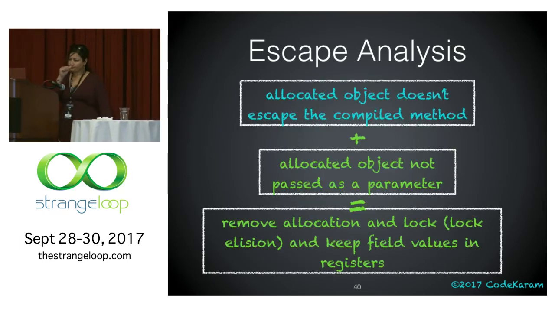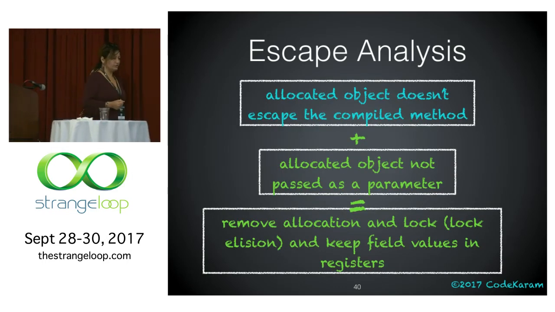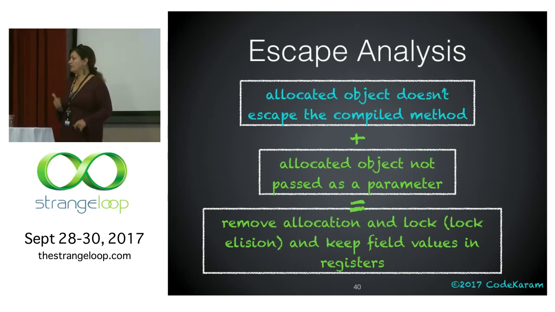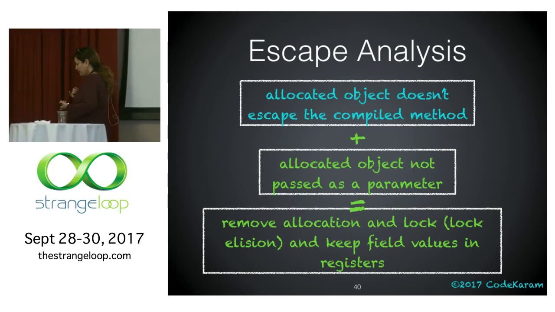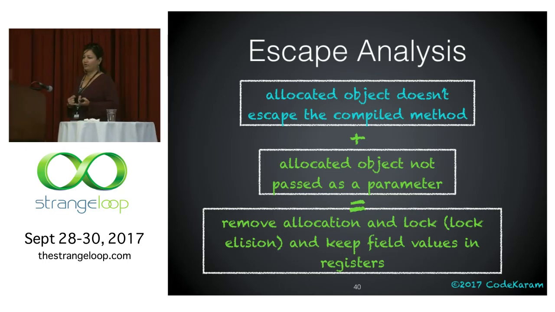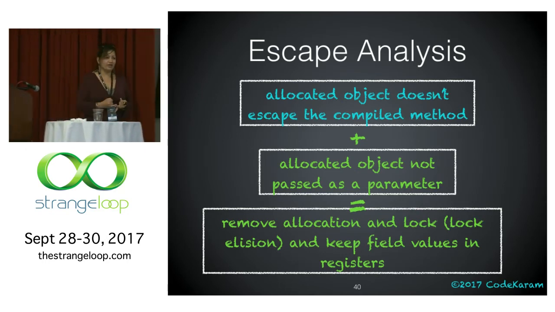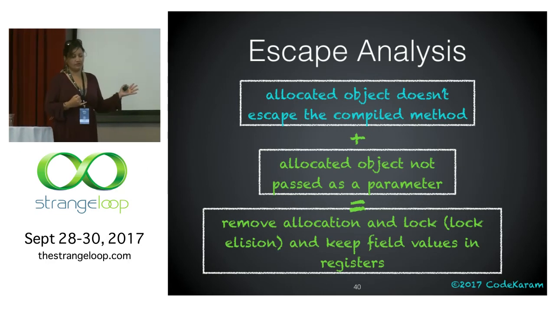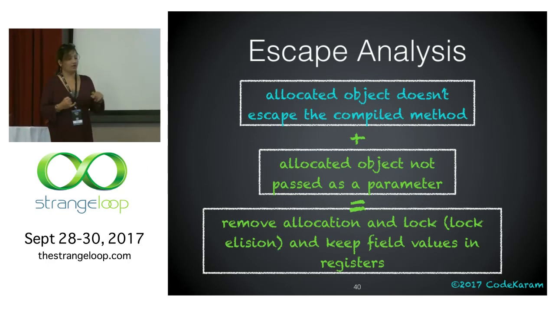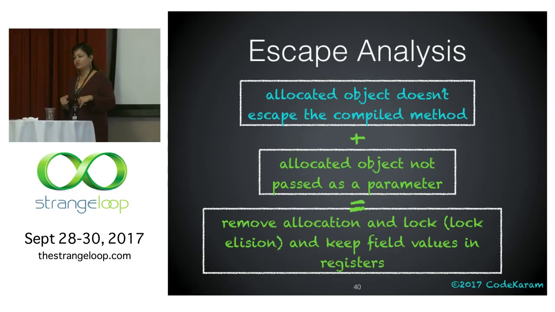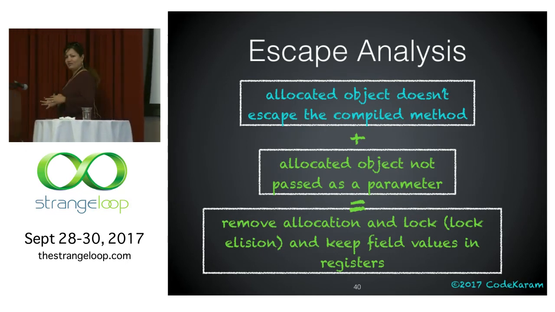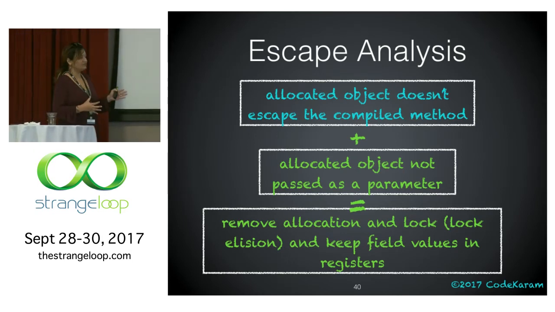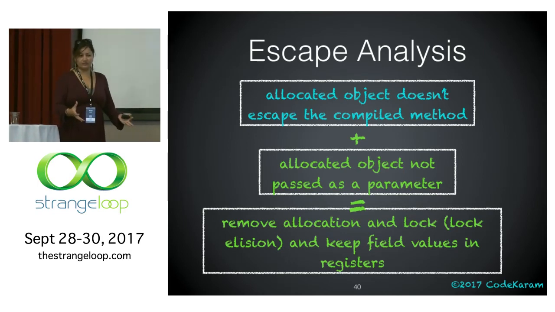So remember I mentioned lock elision? That's a benefit of escape analysis. First of all, if the allocated object does not escape the compiled method and is not passed as a parameter, then we can remove the allocation itself and then remove the lock as well. So instead of performing the allocation, we can keep the field value in registers, right?